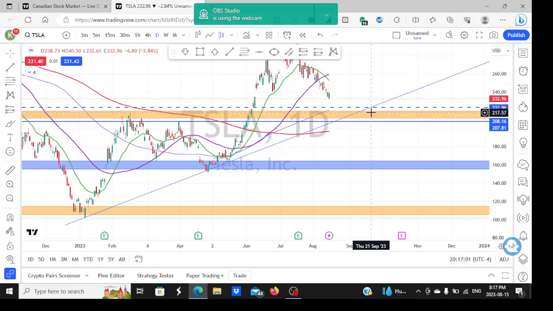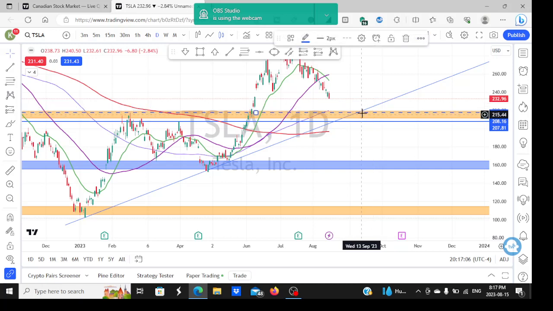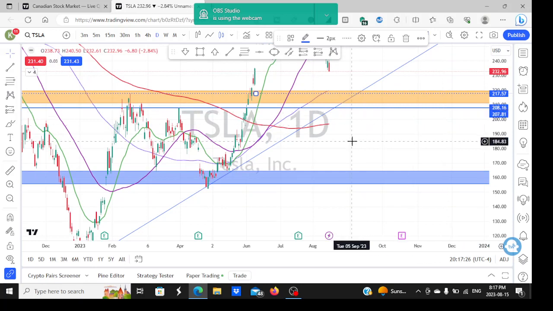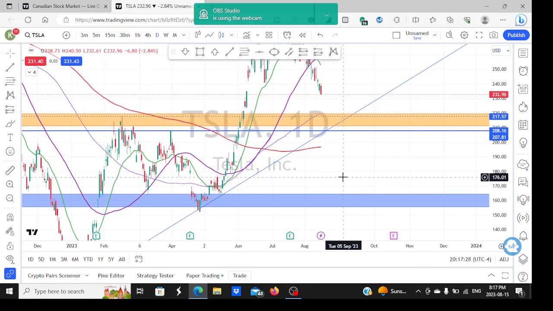I'm going to move this down. This is my area I'm watching. Let's change that to a dotted line. So that is my daily key level overlapping with a monthly zone. So I'm looking for what Tesla will do when it gets to 220.